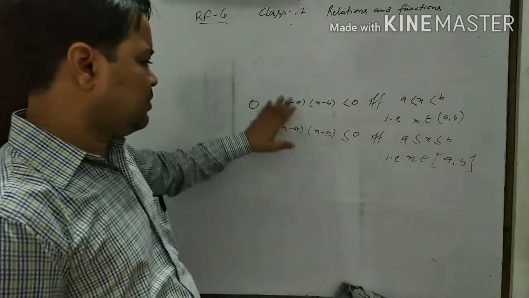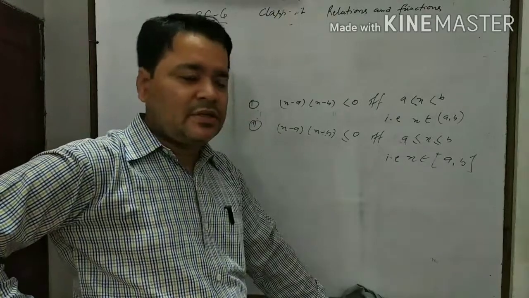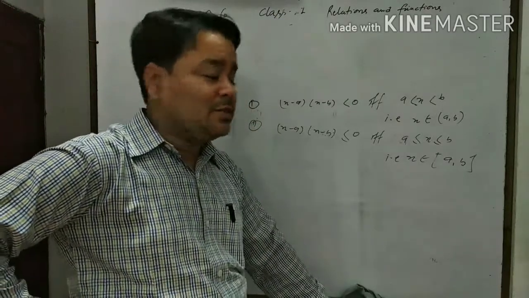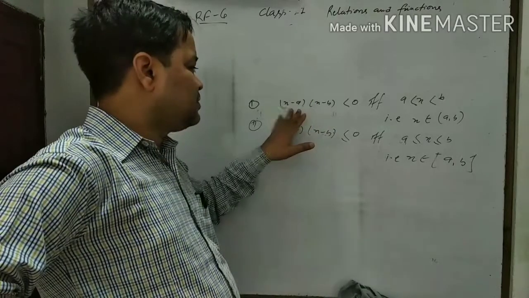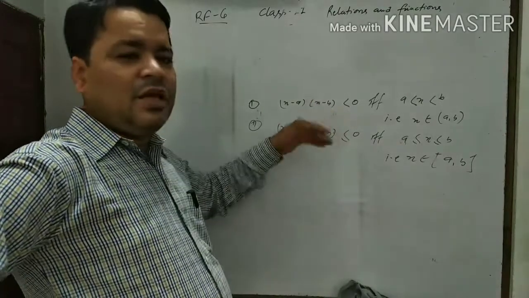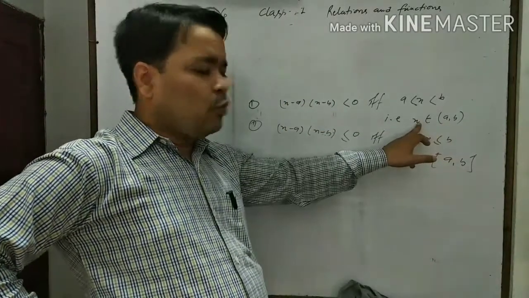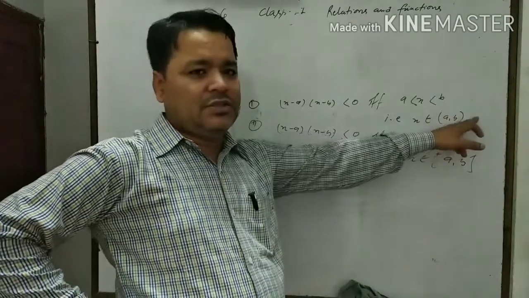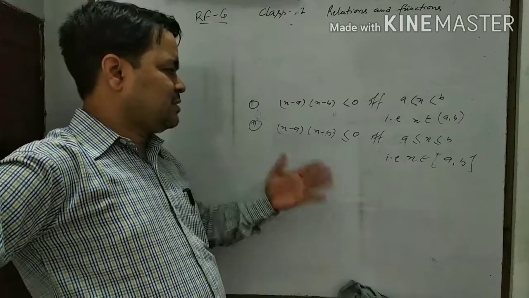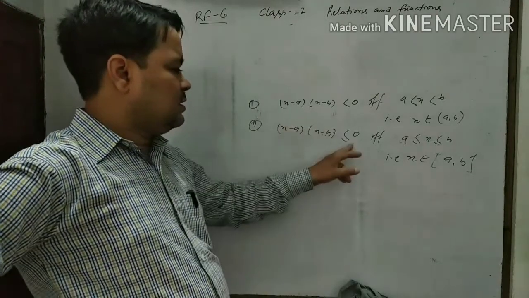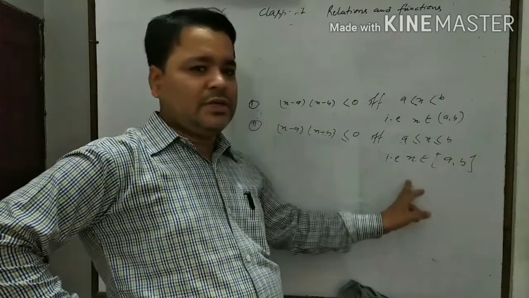After one exercise it will be clear. It means if we have any function and after factorization we get it in this form, the domain will be under this condition. And here also, if after solving we get this form, then the domain of the function will be like this.